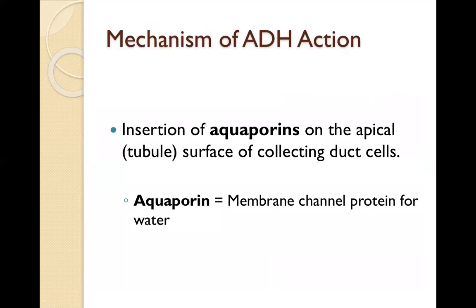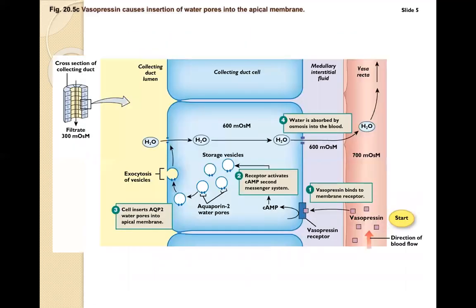The way that antidiuretic hormone works is the insertion of aquaporins on the tubule surface, or the apical surface, of the collecting duct cells. An aquaporin is really just a membrane channel for water. Vasopressin is released by the posterior pituitary, and it travels through the bloodstream. It's indicated by these little purple squares.